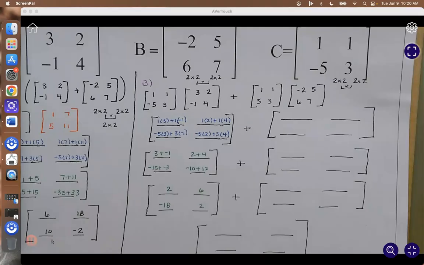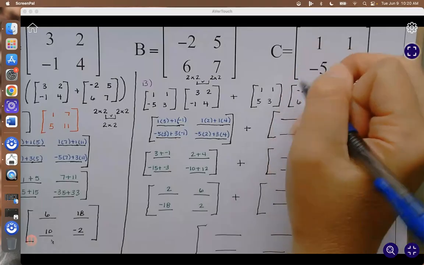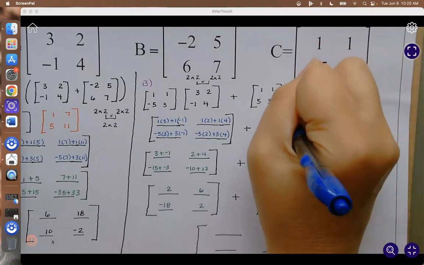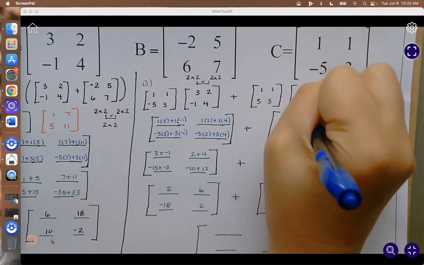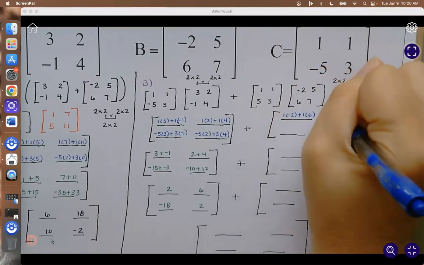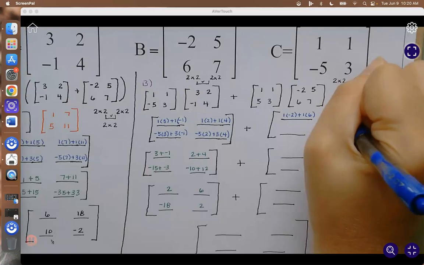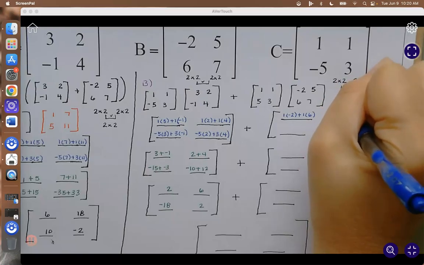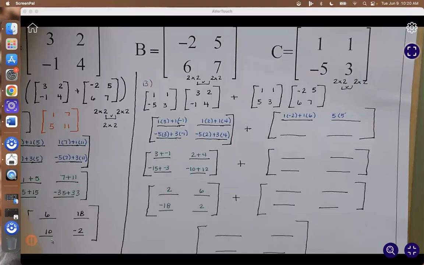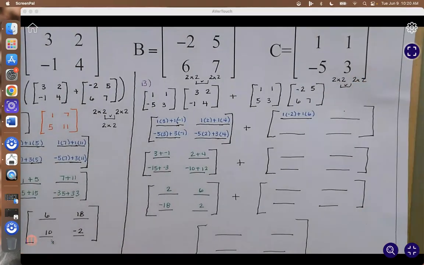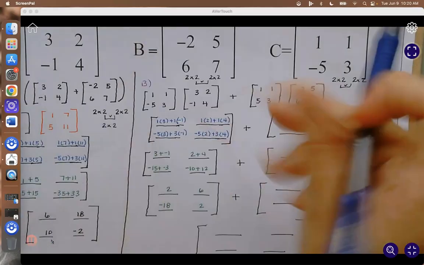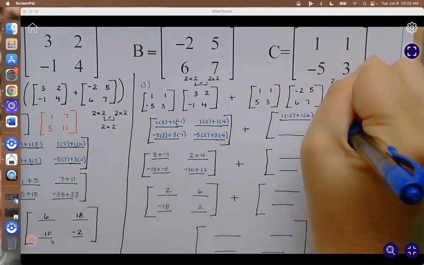All right. Now we come over here and we do 1 times negative 2 plus 1 times 6. We do 1 times 5 plus 1 times 7. Oops, excuse me. You can tell I've been doing a lot of this stuff today. I'm starting to make careless mistakes.